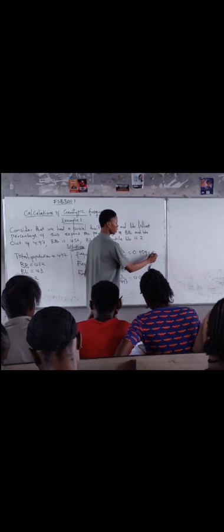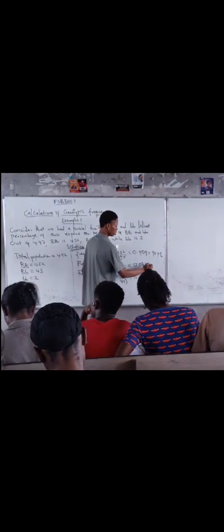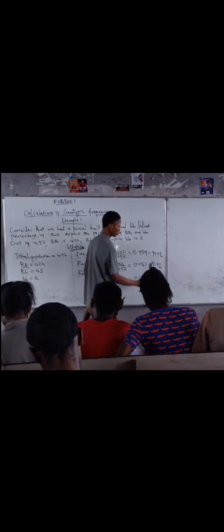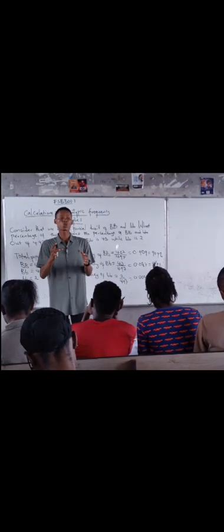So this will be how many percent? 90.9%. This will be how many percent? 8.7%. This will be how many percent? 0.4%, right? Now, if you notice, we said frequency is between 0 and 1, just like probability.